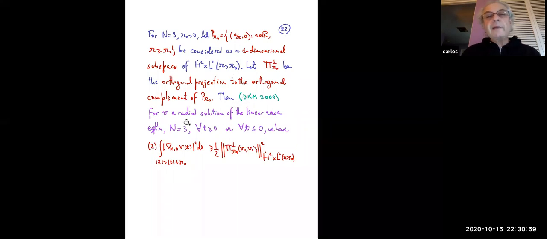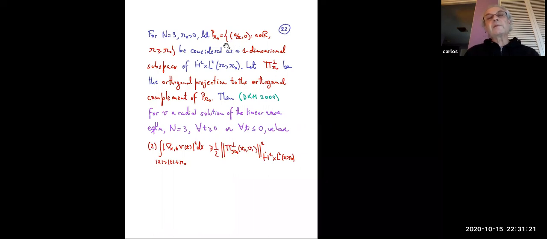Then for any radial solution of the linear wave equation, either for t bigger than or equal to 0 or t less than or equal to 0, there's energy outside. And the constant here is 1/2, provided you stay away from this one-dimensional family.